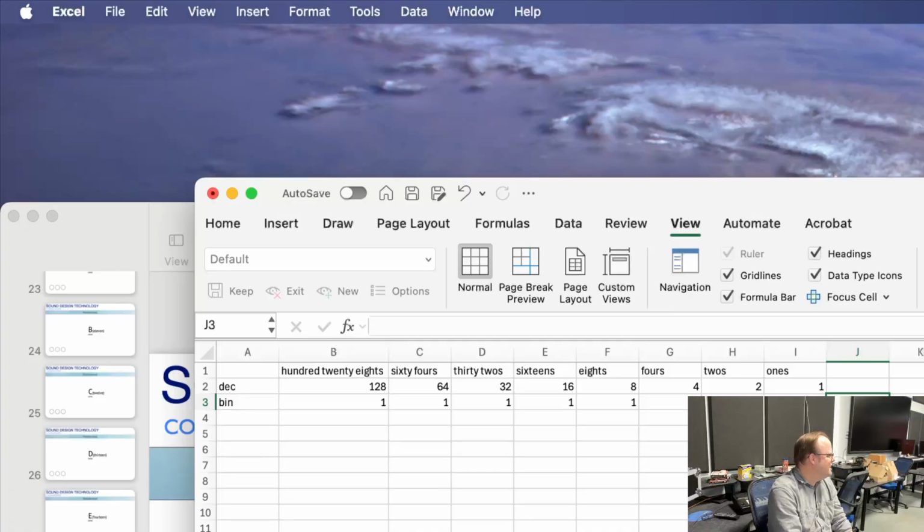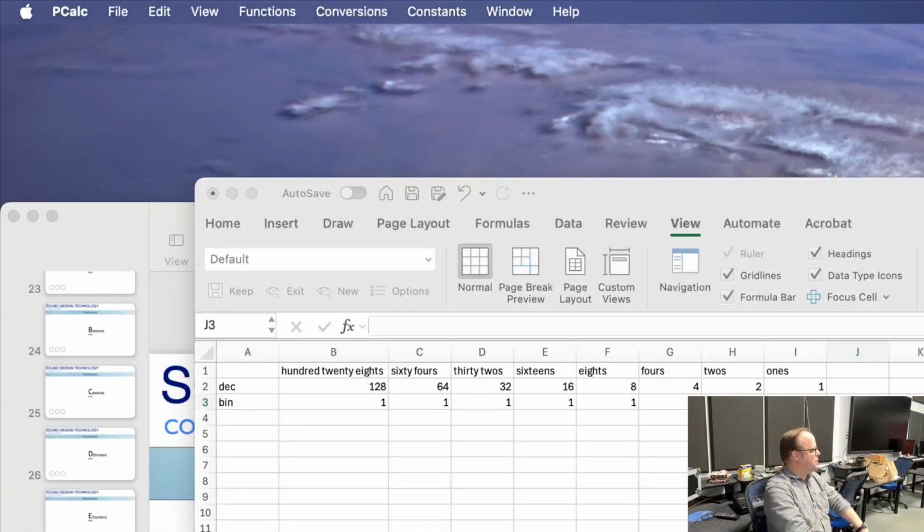Okay, so why is it 256 though instead of 255? Because we know 255 is the biggest number you can make with 8 bits. So why do we see multiples of 256 everywhere? Because there's the 0. The 0 counts.